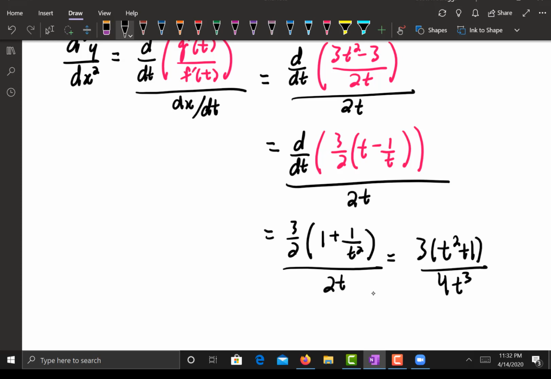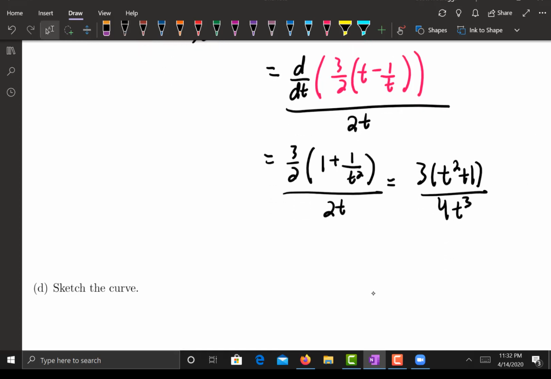The reason is that when I move the 3 halves to the denominator, I'll get 3 times (1 plus 1 over t squared) over 2t. And then I factored out the 1 over t squared to transform it into t squared plus 1. And so let's think about what makes this positive and what makes that negative.